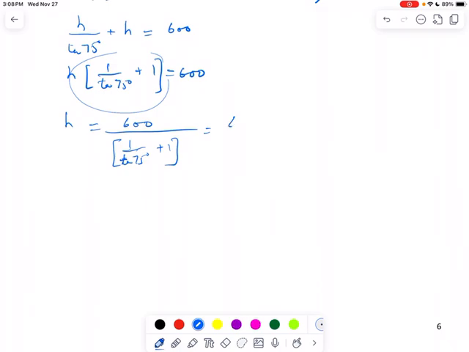So it will be 600 divided by, taking the common denominator, 1 plus tangent of 75 over tangent of 75. The bigger line is here, so the division sign comes right after 600, which means this will be flipped. So we get 600 times tangent 75 over 1 plus tangent 75.